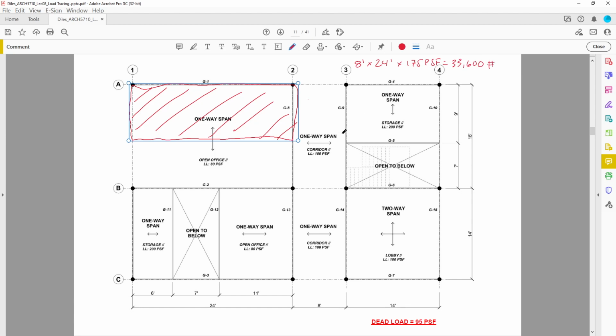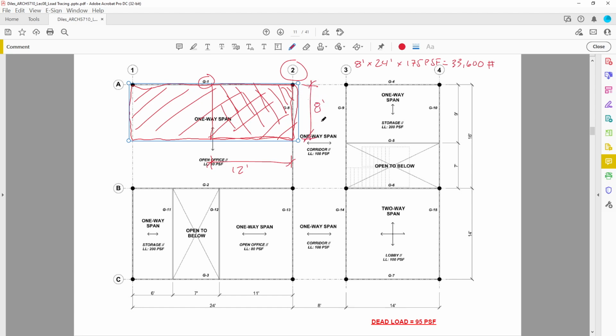And if we then think about what is the load that is being supported just on G8, it's going to be half of this amount. I'm sorry, not the load on G8, the load on A2. So if we're thinking about what percentage of this one-way span is being delivered by G1 to A2, we could also just look at this zone, and we could say, well, this is 12 feet by 8 feet.